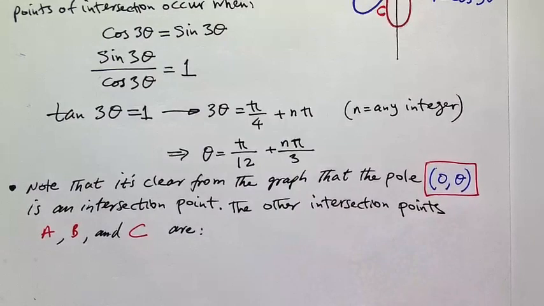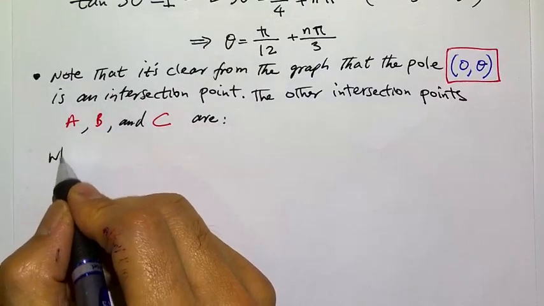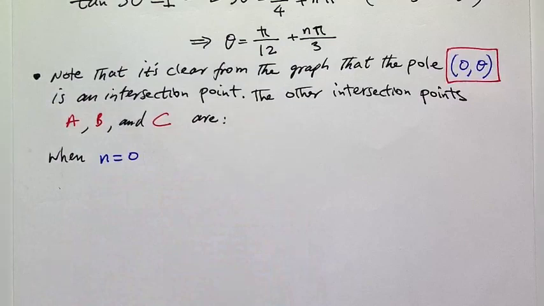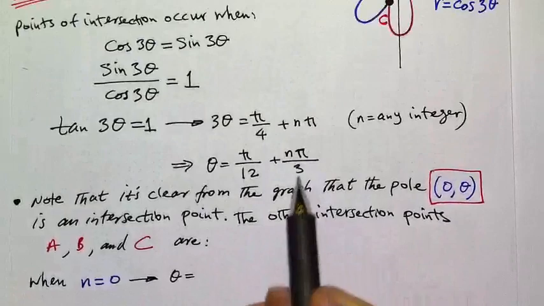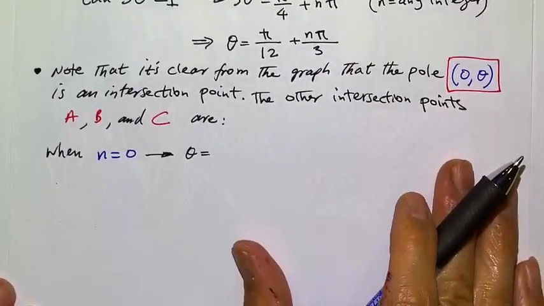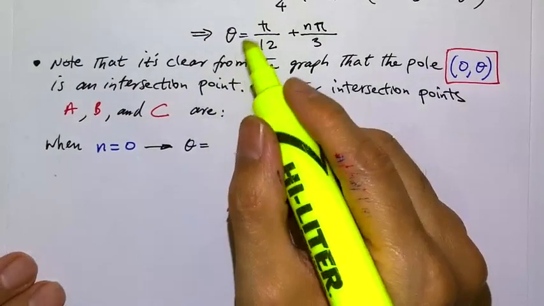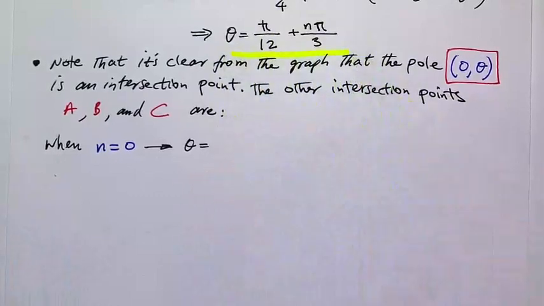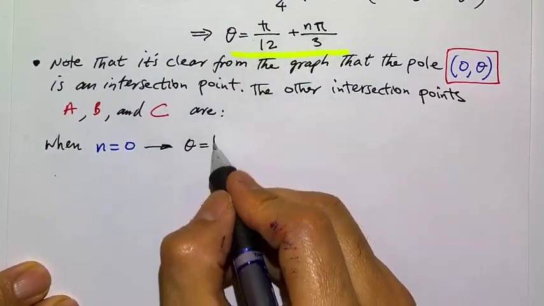So let's do that, those 3. So when n equals 0, then we have theta. So right there, let me actually highlight it here. So when n equals 0, theta equals pi over 12.